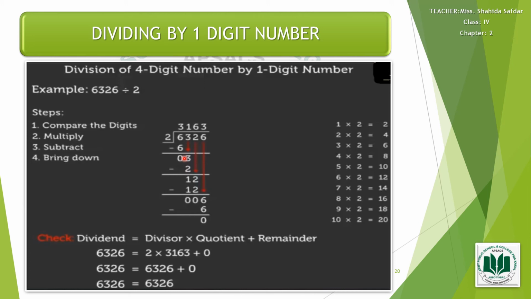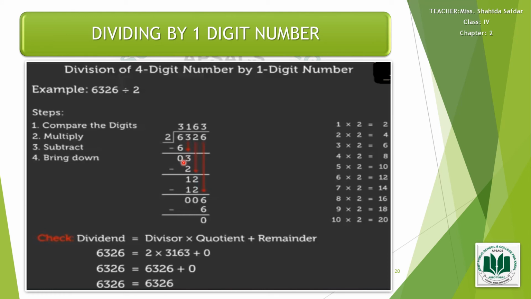As you can see, by comparing, 3 is greater than 2, so we can divide 3 by 2. So we look in the table of 2, 1 multiplied by 2 equals 2.